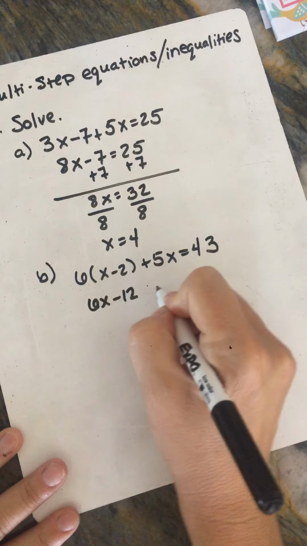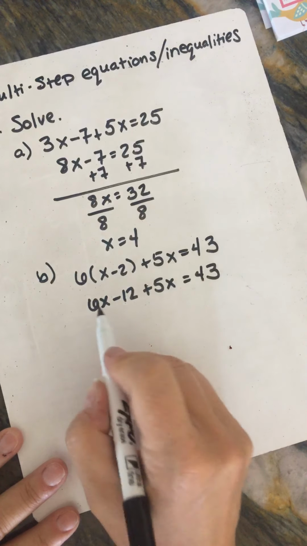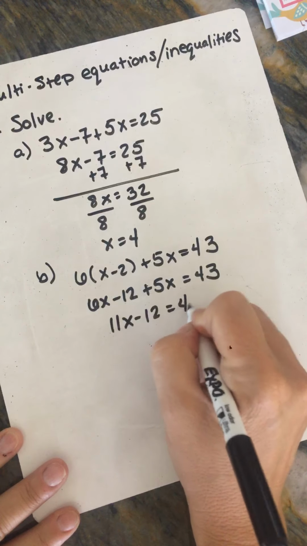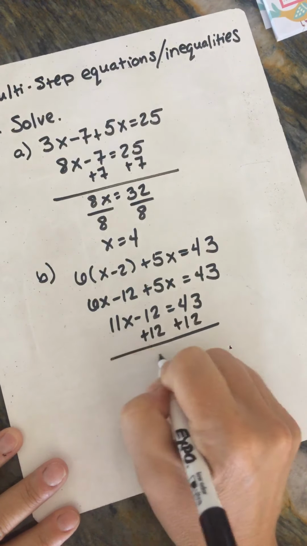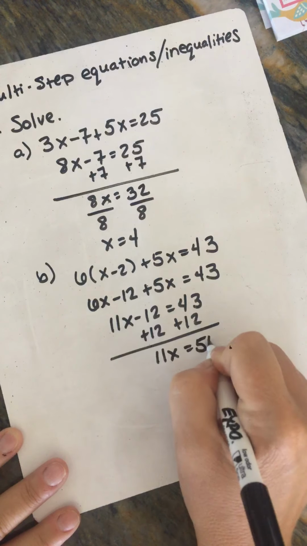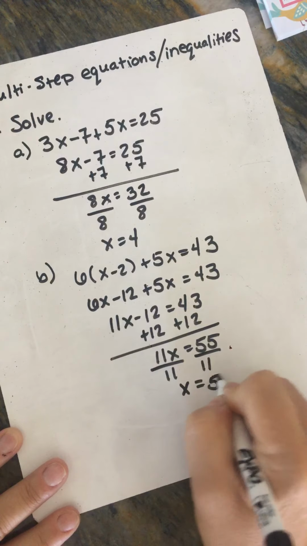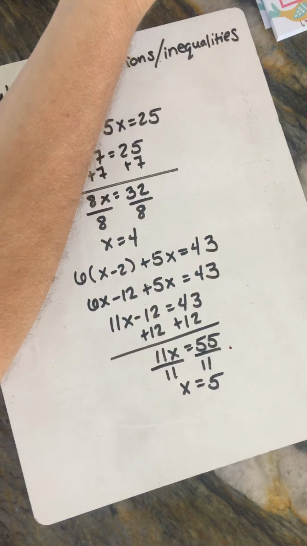So 6x minus 12 plus 5x equals 43. 6x and 5x is 11x minus 12 is equal to 43. We'll add 12 to both sides. So 11x equals 55, divide by 11. So x equals 5. So easy peasy on those.